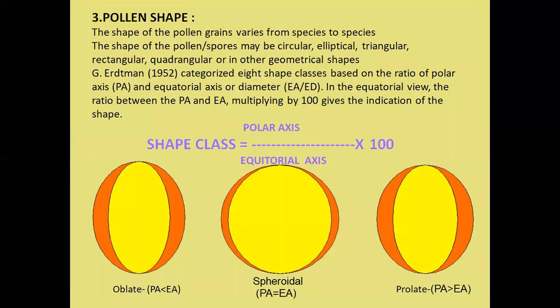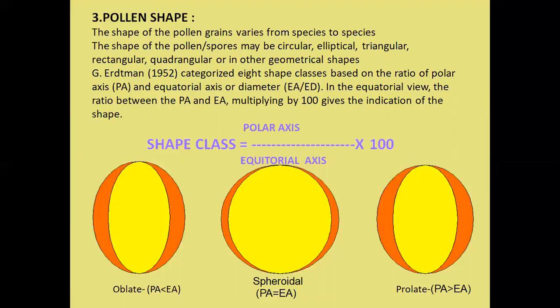Next, the third pollen feature is pollen shape. The shape of pollen grains varies from species to species. The shape of the pollen or spores may be circular, elliptical, triangular, rectangular, quadrangular, or any other geometrical shape.